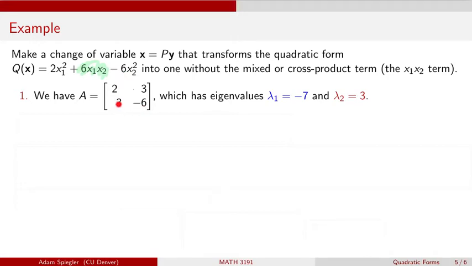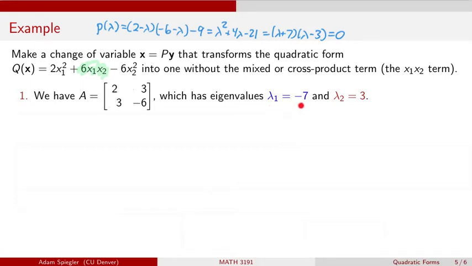And then the off-diagonal entries we get from this cross product term. The coefficient here is 6, so we divide that evenly in half. We have a 3 in the A12 position and a 3 in the A21 position, making this a symmetric matrix.